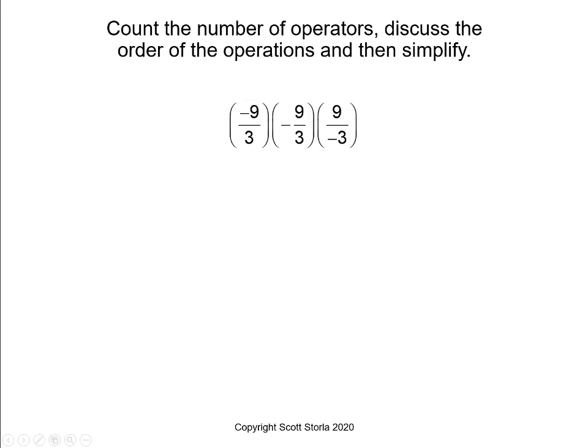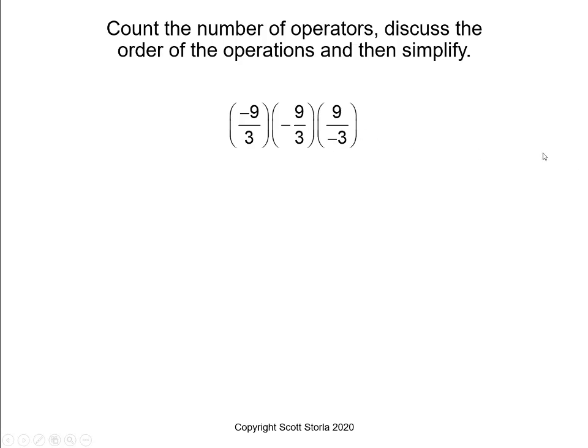Here's one that often gives students some trouble. I need to count the operators first. I have a division, a multiplication, a division, a multiplication, and a division. There's also some issues where you could visualize this as -1 times this, for instance, but I'm not going to take that approach.